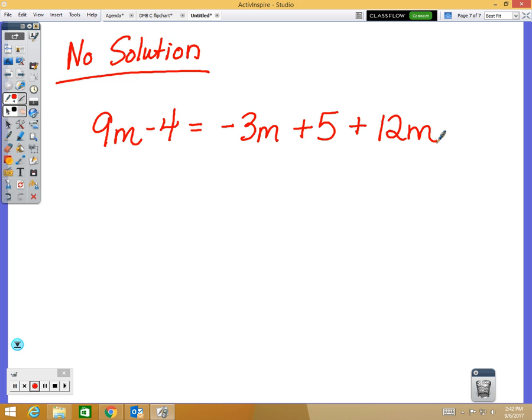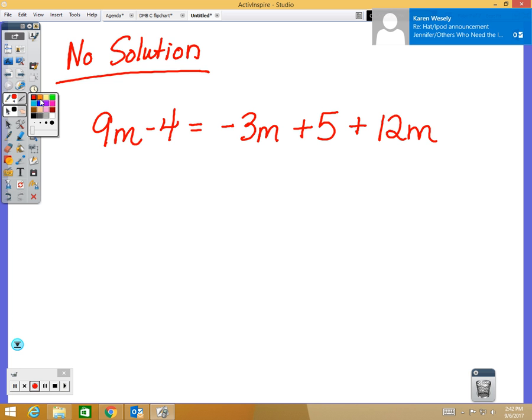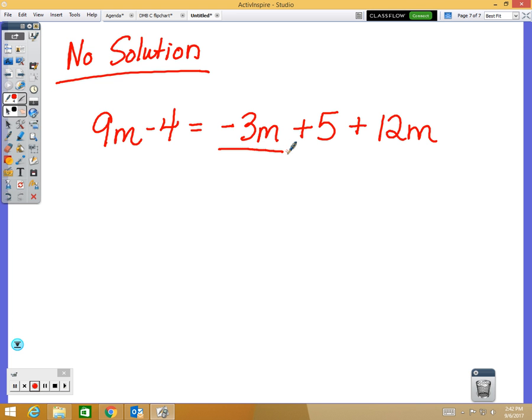Okay, so in this equation, I don't have any parentheses, so I don't have to worry about distributing, but I have two terms with an m on the right. So before you move it, combine it. We're going to combine negative 3m and 12m to get 9m, right?